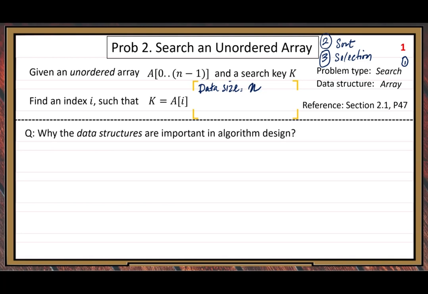All right. So let's look at the role of the data structures. Why the data structures are important in algorithm design. Remember, in our previous example, we did the chessboard question.